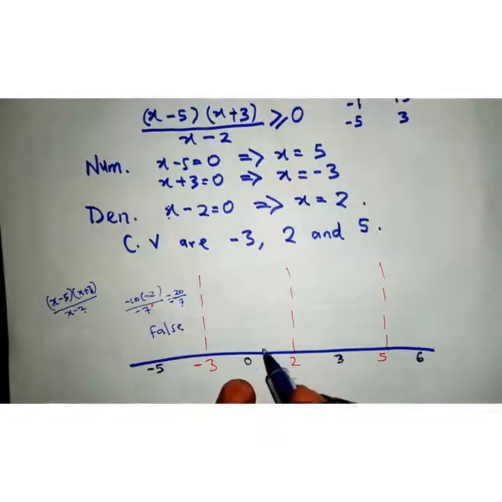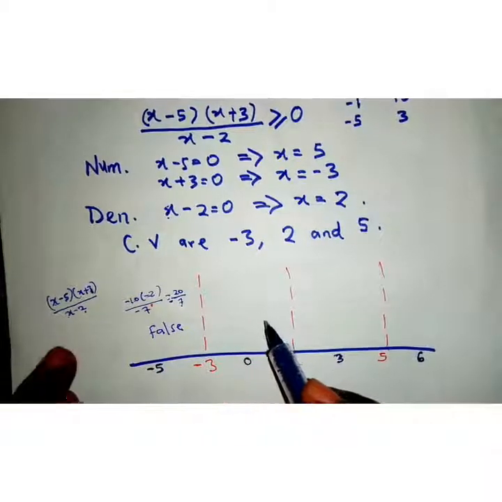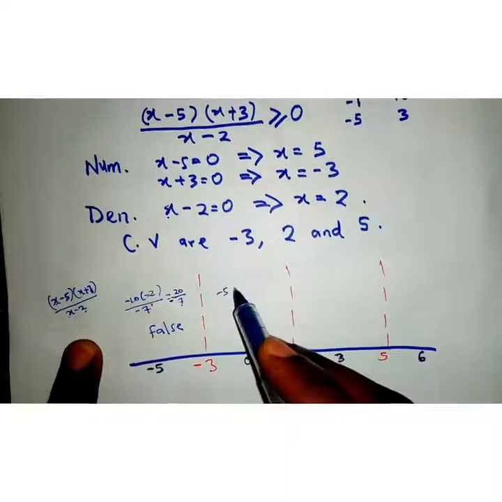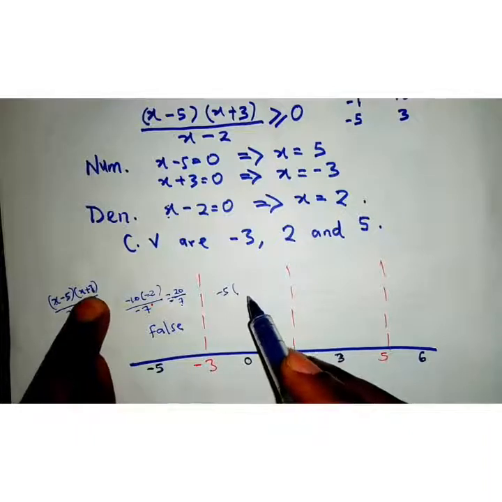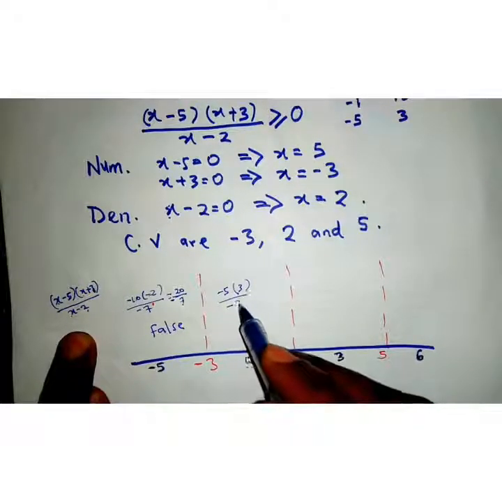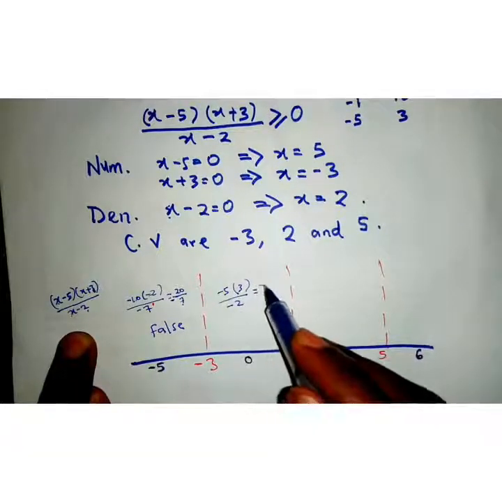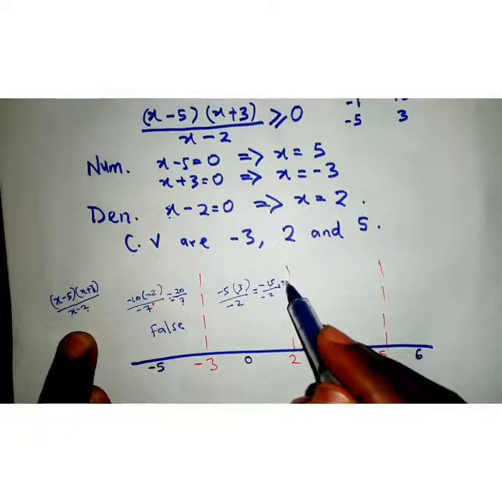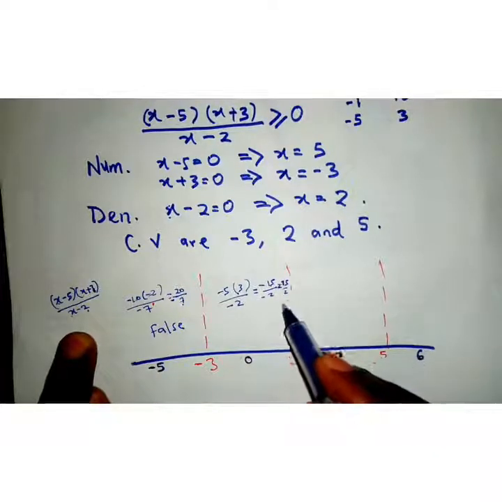For this interval, we pick 0 and see. So we have 0 minus 5, that's minus 5, times 0 plus 3, that's 3, over 0 minus 2, that's minus 2. So we have minus 15 over minus 2, which is 15 over 2, which is positive.